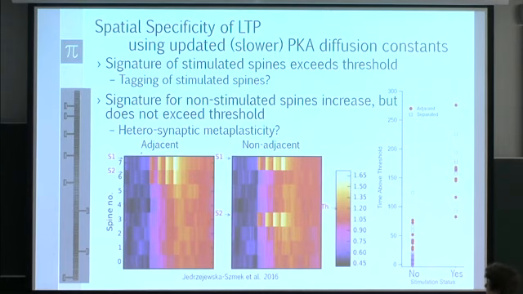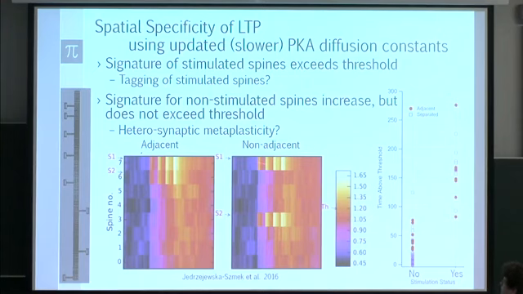So this is showing the time, this is the spine number, and this is the color bar, and this is where our threshold is here in this light orange. When you stimulate adjacent spines, you can see that this gets to be a brighter, warmer color than these other non-stimulated spines. And when they're non-adjacent, we see a similar pattern.